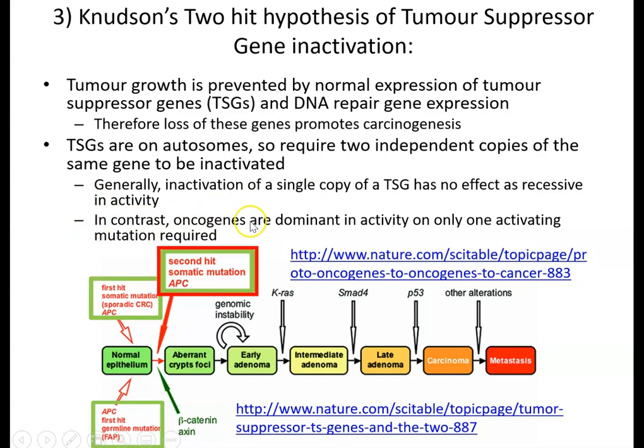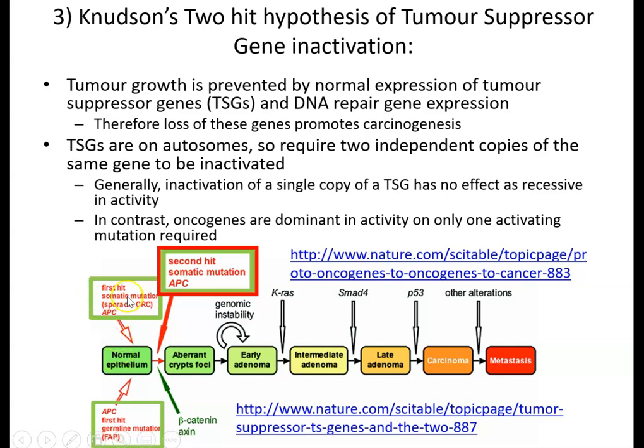In contrast, oncogenes are dominant in activity, and therefore only a single activating mutation is required. So we've already seen this Vogelstein model. The first hit in colon cancer tends to be the APC gene.